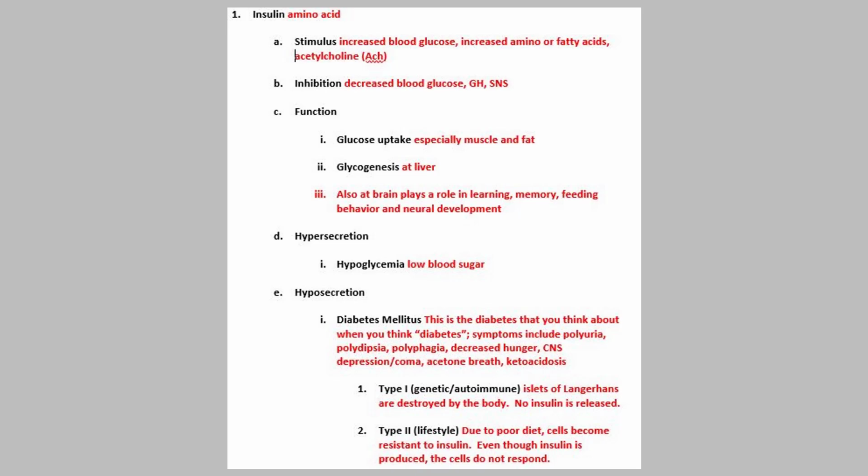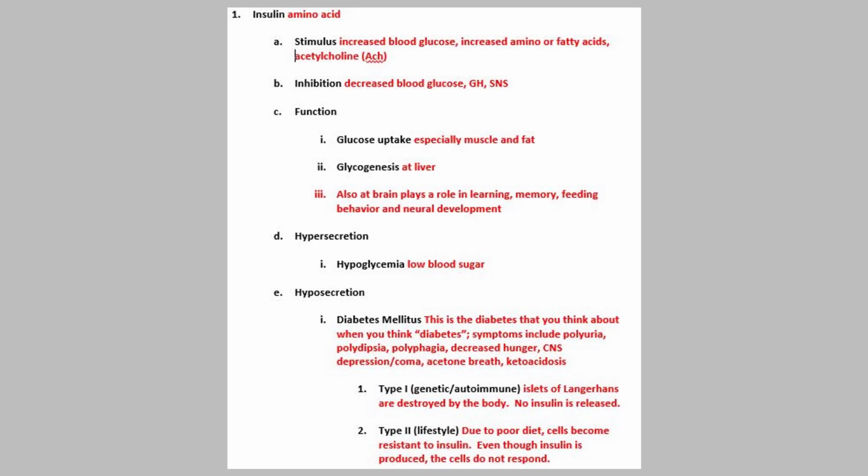Remember, autoimmune disease is when your immune system begins to attack your own body or a part of your own body because it thinks that it's foreign. In this case, it starts to attack your pancreatic islets, your islets of Langerhans. And here, if you don't have islets of Langerhans, well, you can't produce insulin. Or you're not producing enough insulin if there's still some islet cells left. But decreased or no insulin production.